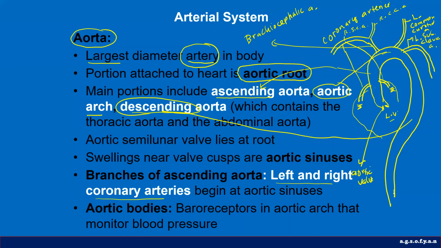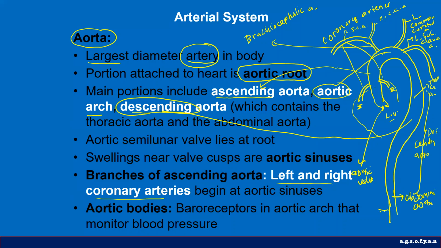Now, how about the descending aorta? The descending aorta will be passing the thoracic cavity. So the whole thing over here is called the descending aorta. Okay, the one that passes the thoracic cavity is called the thoracic descending aorta or thoracic aorta. And the one that passes the abdominal cavity is called the abdominal aorta.